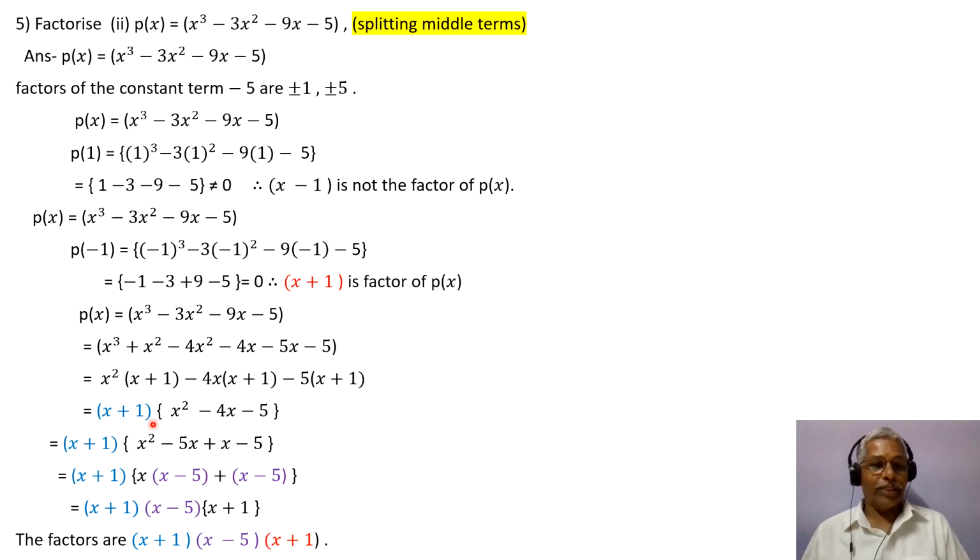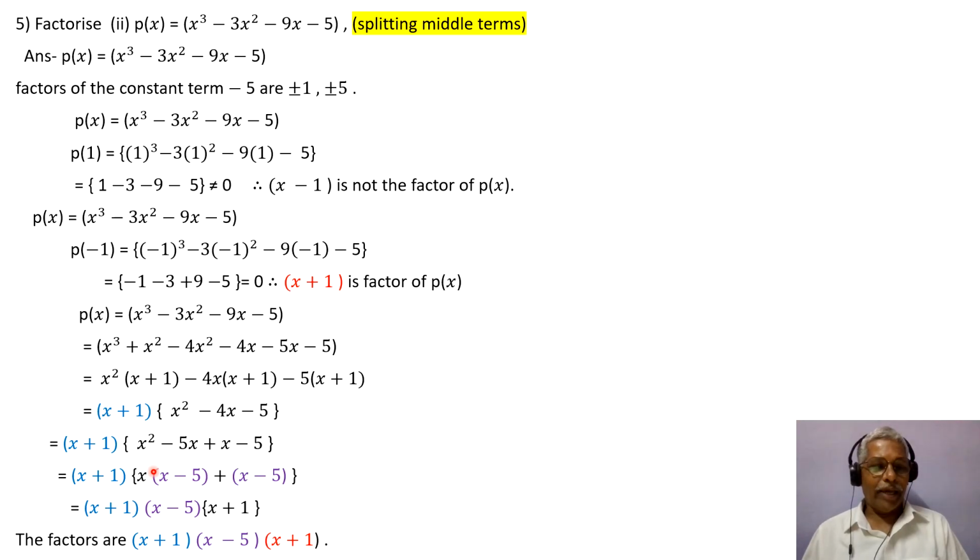So now split this. Okay, so keep this copying like this. And now concentrate only on this bracket. So x square minus 5x plus x minus 5. Okay, so this minus 4x is to be written as minus 5x plus x.